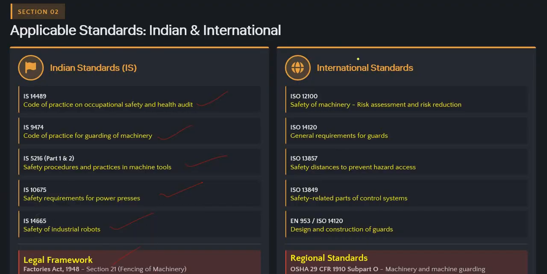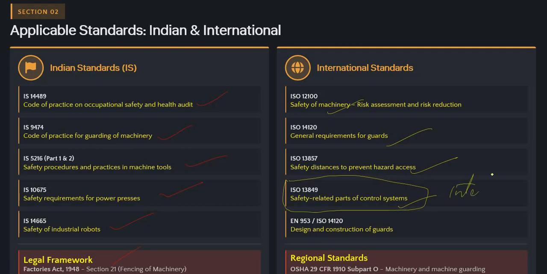Then apart from that, international standards. ISO 12100, safety of machinery; ISO 14120, general requirements for guards; ISO 13857, safety distances to prevent hazards; and ISO 13849, safety related parts of control systems. This is the key one when you are talking about any kind of interlocks.